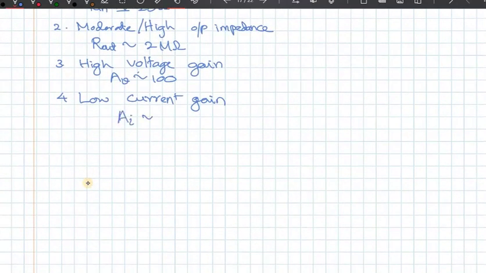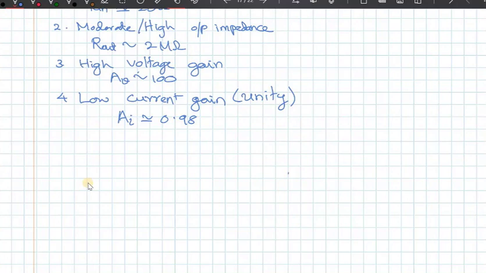AI is in the range of 0.98, so low current gain, close to unity. The previous buffer circuit, the voltage follower, had unity voltage gain, so we called it a voltage follower or voltage buffer.